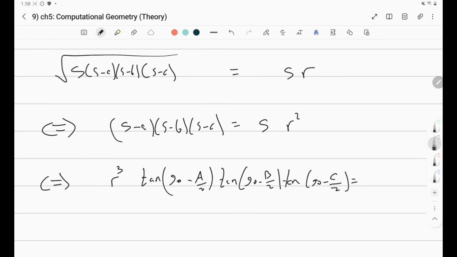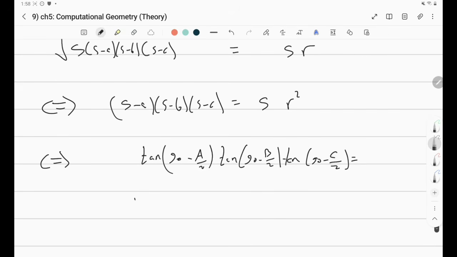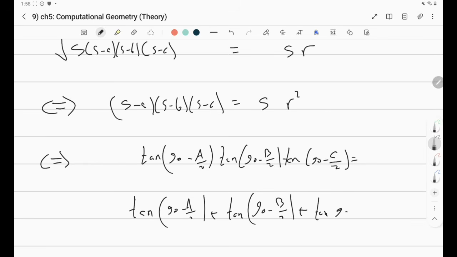So their sum is R times this tan plus R times this tan plus R times this tan. So the R will cancel actually. We're just going to prove that this is equal to the sum of the tans, right? Like this plus this plus this.